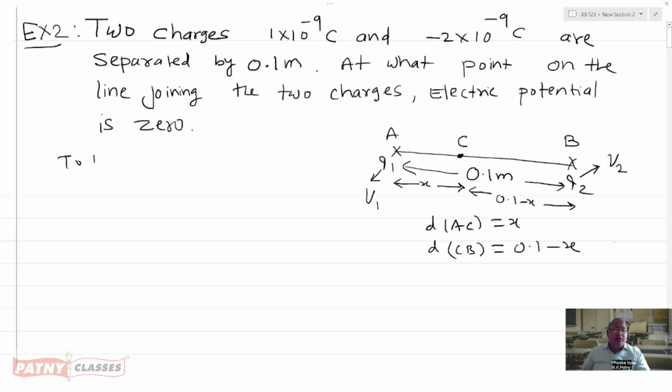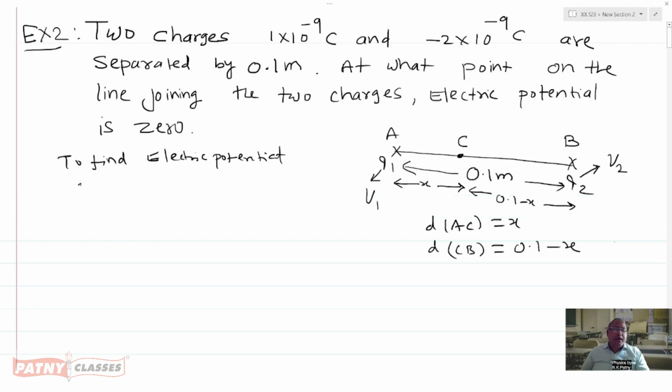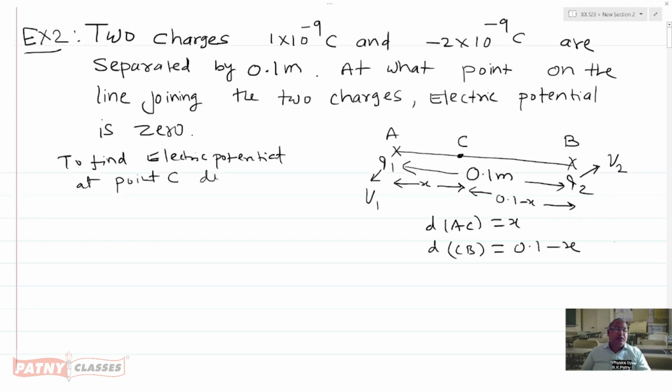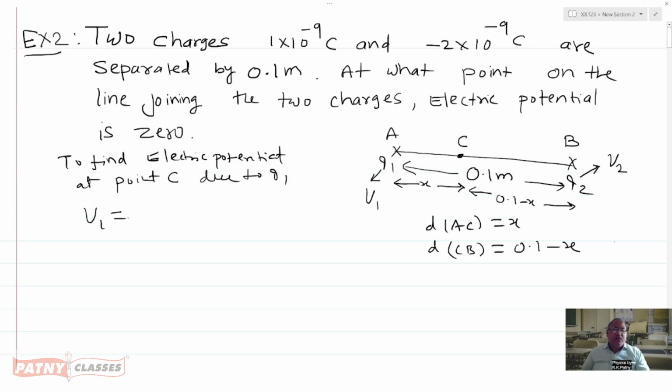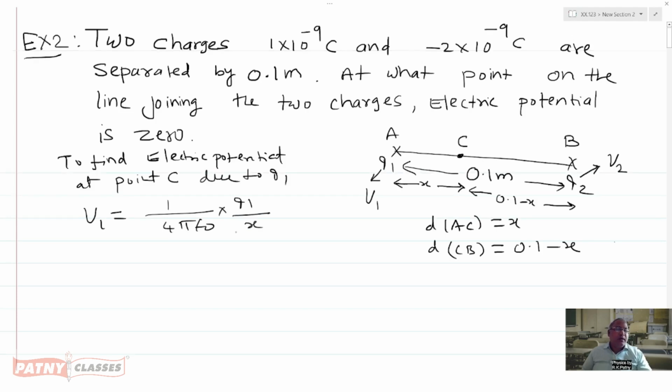To find the electric potential at point C due to Q1, V1 equals 1 upon 4 pi epsilon naught Q1 upon x. And after that V2. How to find V2?